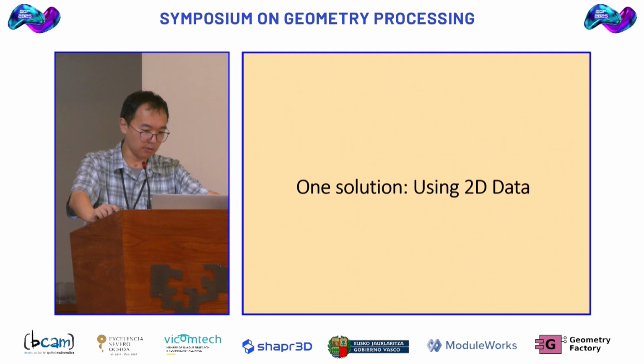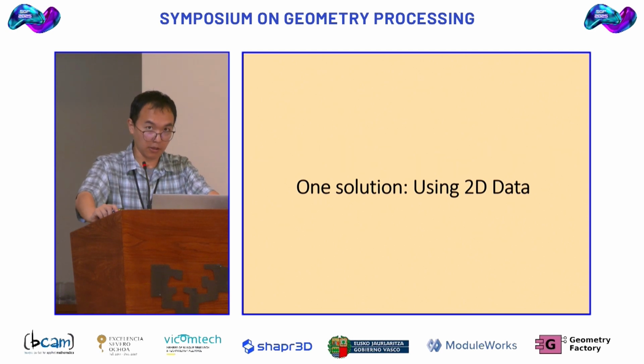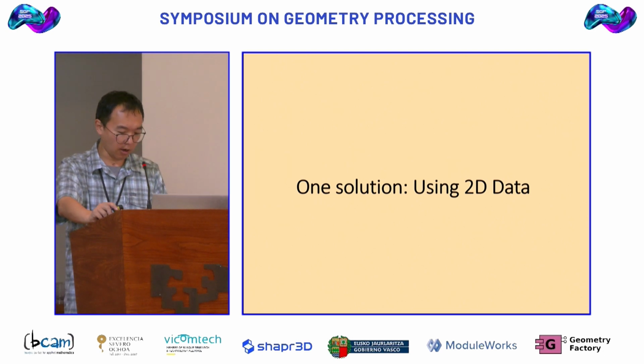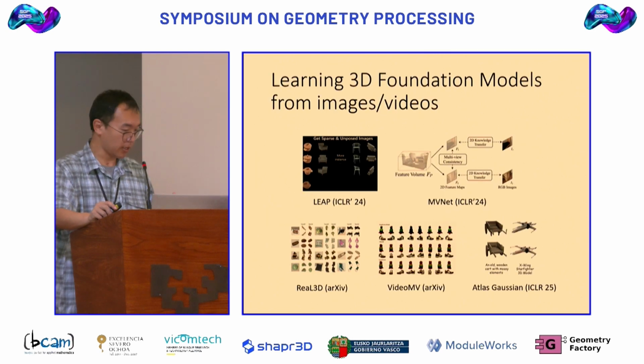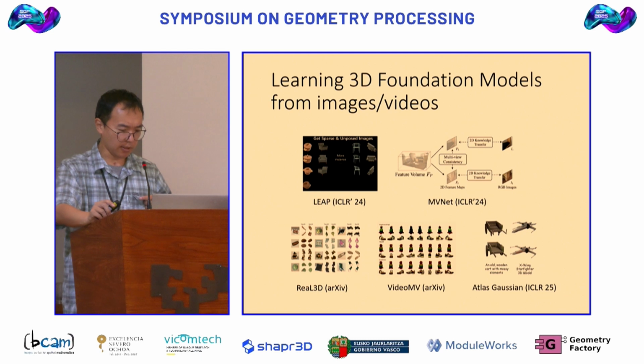If we are able to construct 3D models from those product images, we can potentially address the data issue, in particular for object level applications. This is a very hot topic right now, and my group has also been working in this domain. This is something I want to talk about.